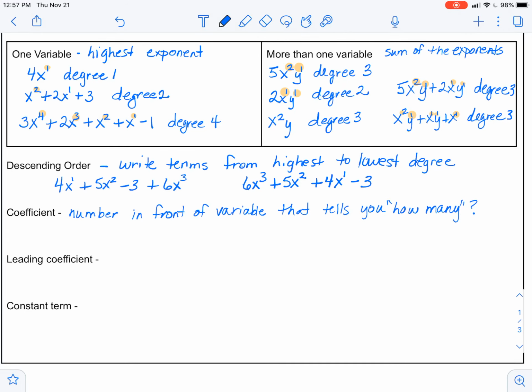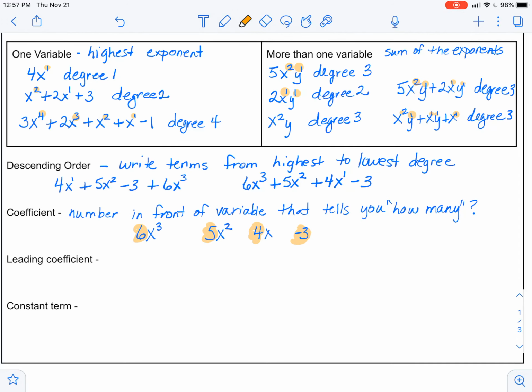And so when I look at this up above, in this case, if I look at the 6x cubed, and I say, how many x cubes do I have? Your answer would be, I have 6 of those. Okay? And on the 5x squared, my coefficient then would be the 5. And on my 4x, my coefficient would be 4. And on my constant, my coefficient is actually 3.